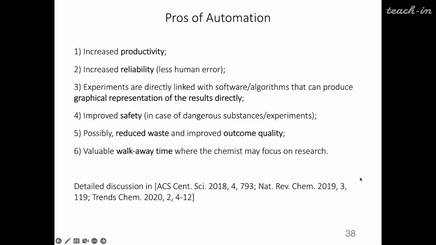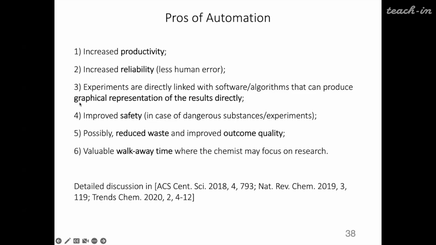So it is believed that using such automated approaches increases productivity and reliability by reducing human error and by linking software and algorithms, one can easily produce a graphical representation of the results.